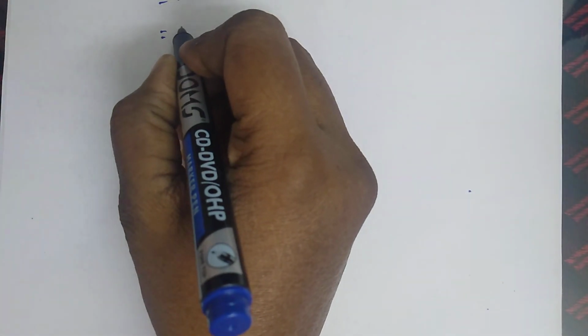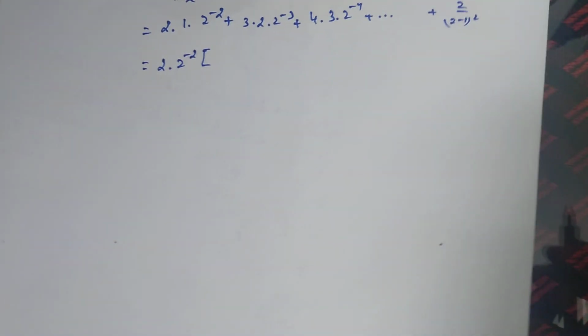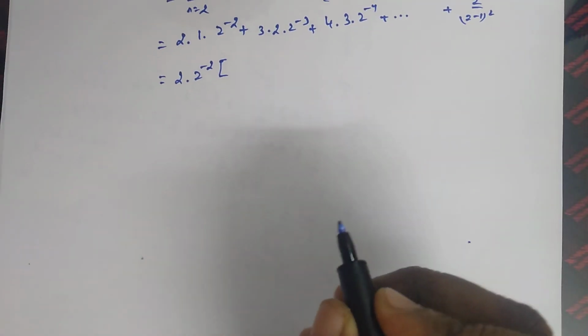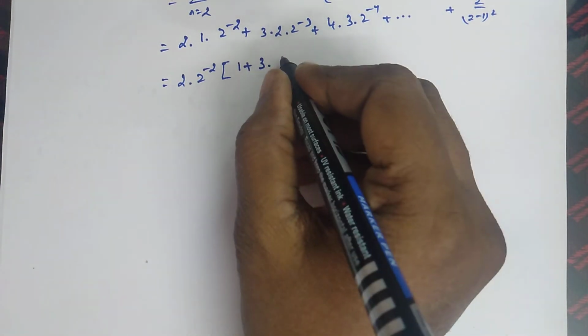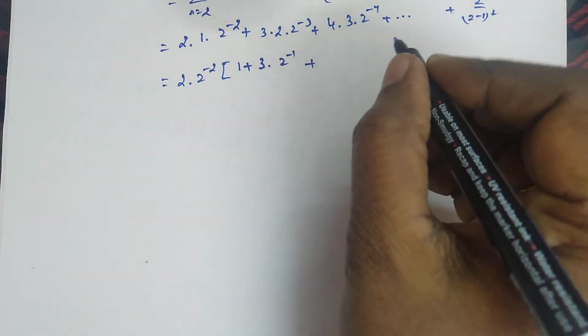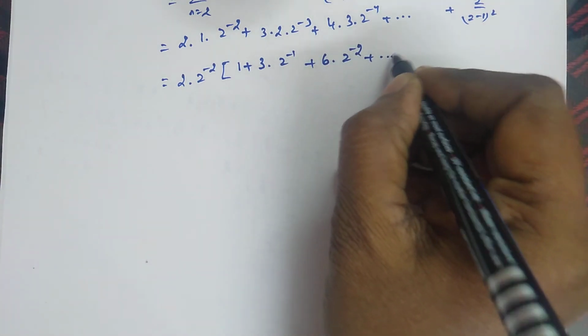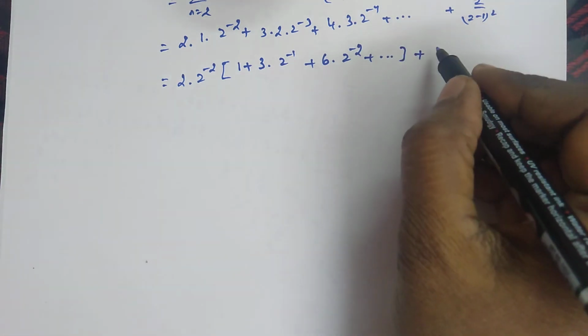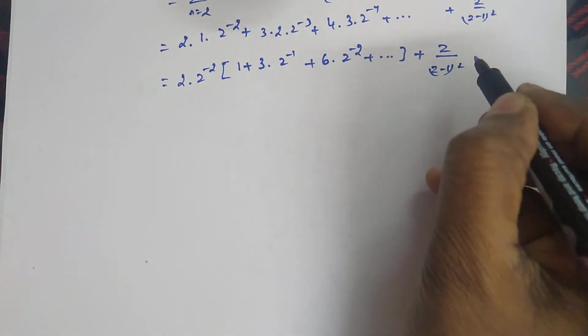in all the terms we can take 2 z power minus 2 outside. So 2 into z power minus 2, which is equal to 1 plus 3 into z power minus 1 plus 6 into z power minus 2 plus etc. Plus the last term, we should write it as z by z minus 1 the whole square.